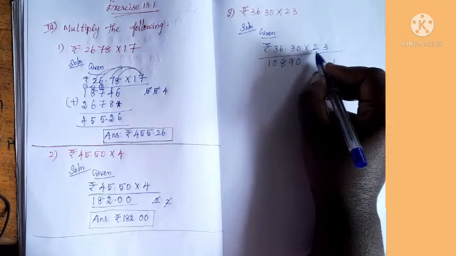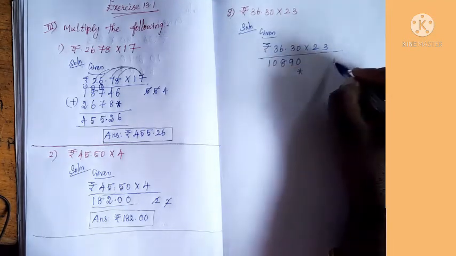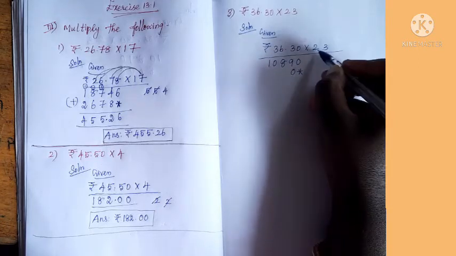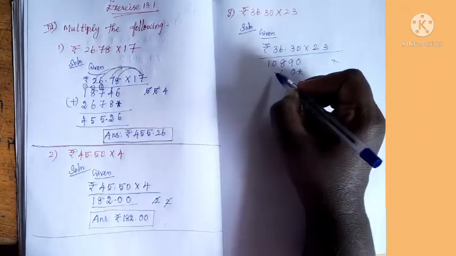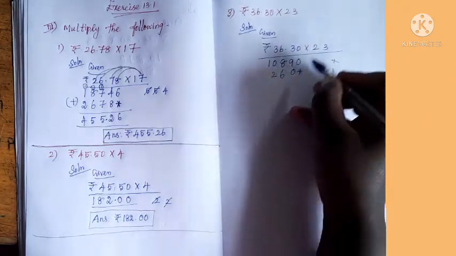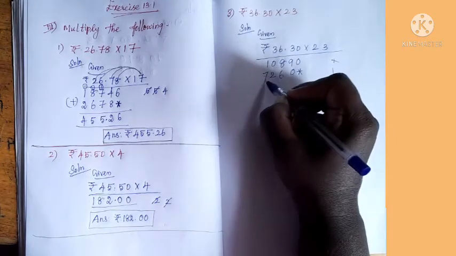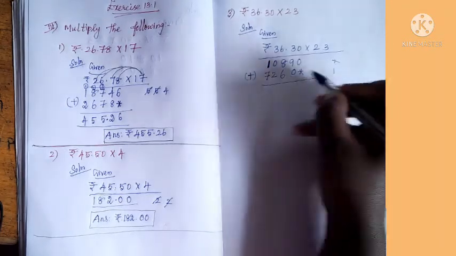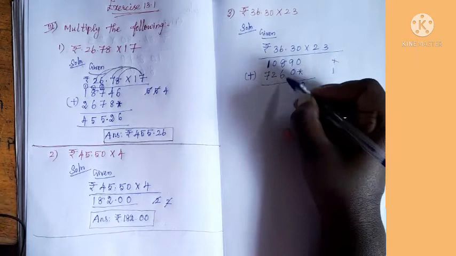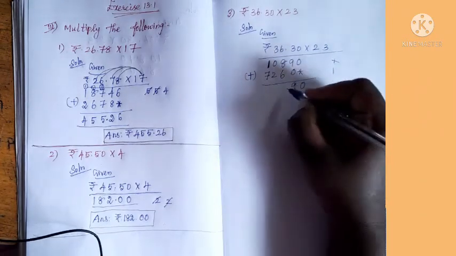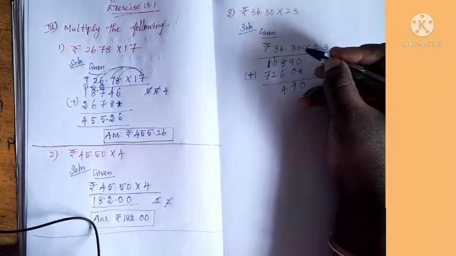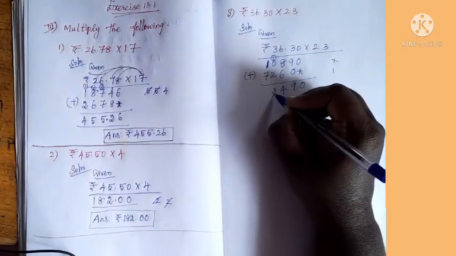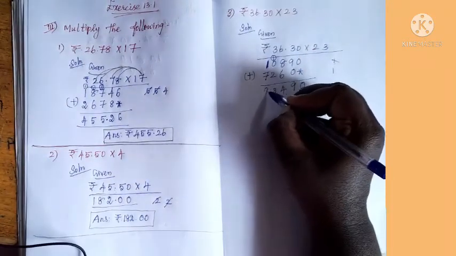Again the second digit. If you want to multiply the second digit, you should first put a star or 0, whatever you can mention. Next, 2 into 0, 0. 2 3s are 6. 2 6s are 12, 1 remainder. 2 3s are 6, 6 plus 1, 7. So now the same, add the numbers. 0, 9, 8 plus 6, 14, 1 carry over, 2 plus 1, 3, 7 plus 1, 8.